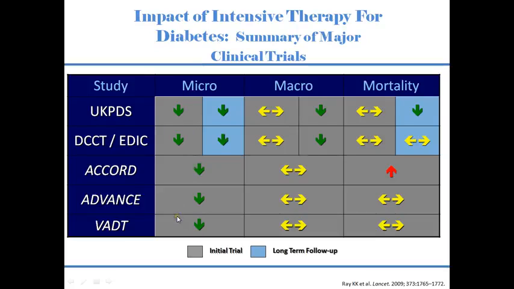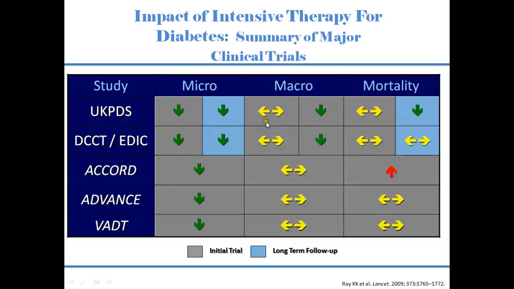So all microvascular complications are controlled by intensifying the therapy for diabetes. But we are not sure about the macrovascular complications, and we are not sure about mortality as well. It has no significant good or bad effect on mortality.